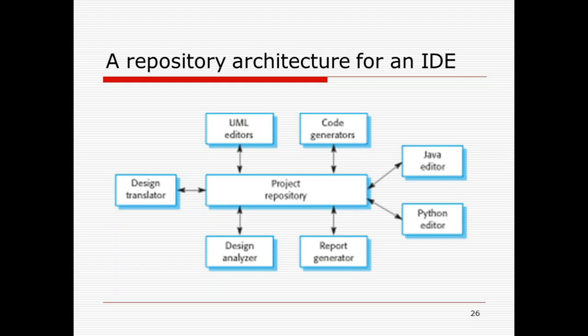You can see there is one common project repository, and these are the different components interacting with it. They do not interact directly with one another; whatever interaction they do, they do through the project repository. So this is the architectural pattern used for the IDE, one particular architectural model.